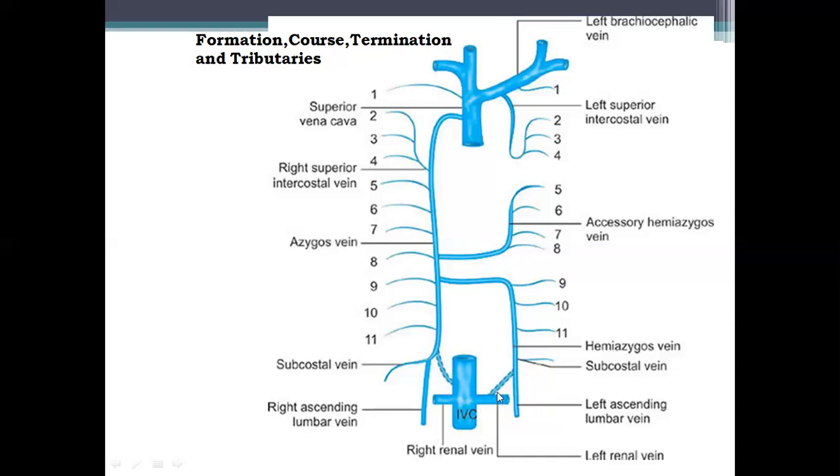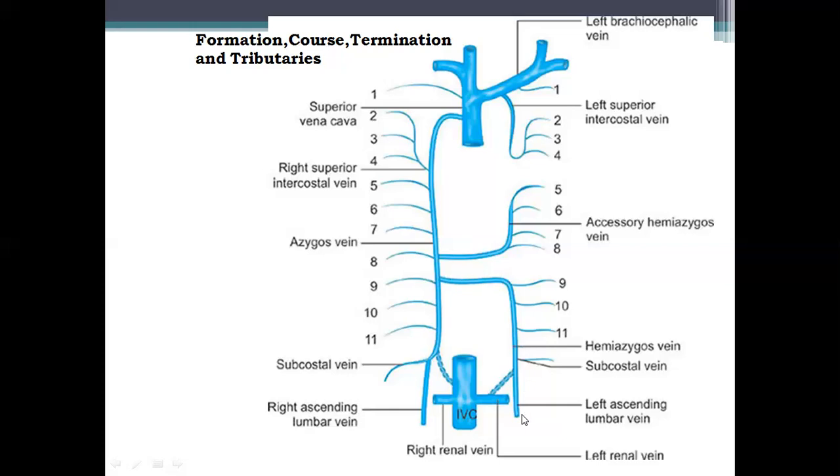Once it is formed, it courses upward vertically in front of the left side of the vertebral column up to the T8 vertebra. It turns to the right, crosses in front of the vertebral column, and then drains into the Azygos vein.